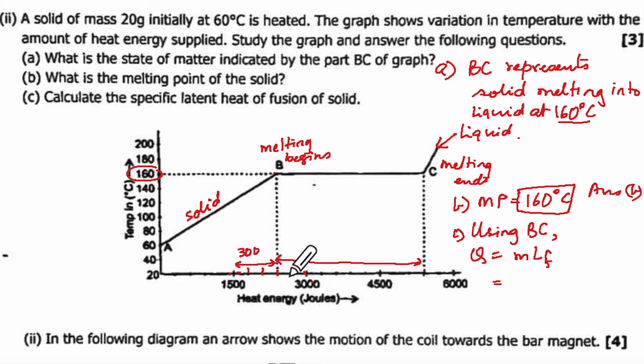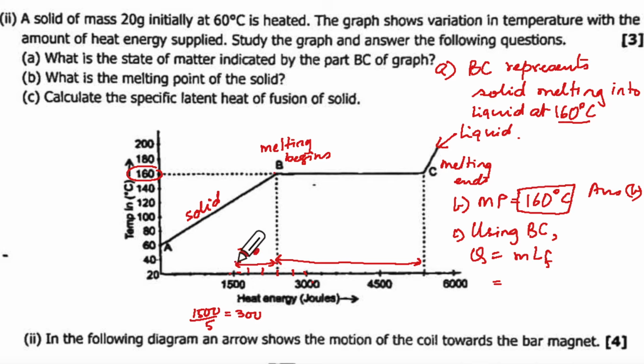Ma'am, that is 3000. It'll be 300 for each one. 1500 to 3000. So 1500, sorry. We have 1500 divided by 5 is 300. So there are 3 divisions here.